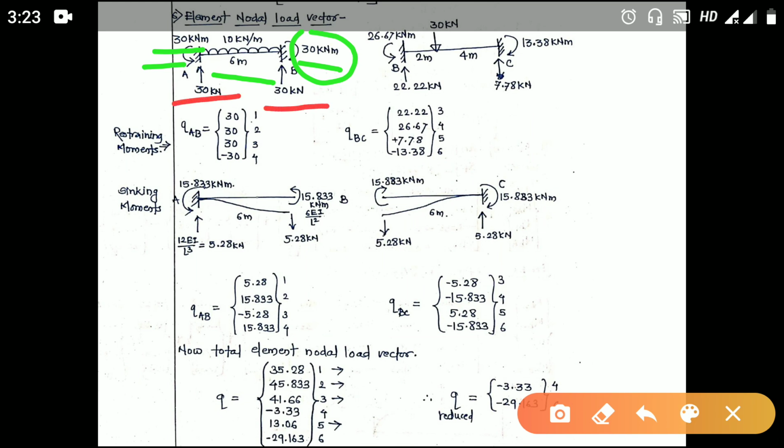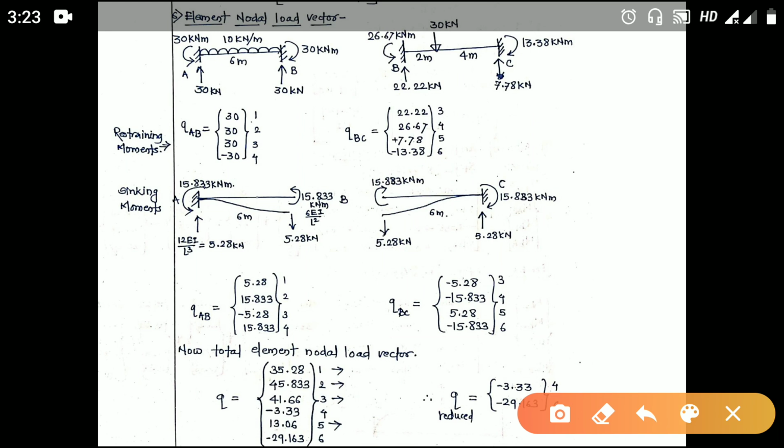After that, calculate the reactions. The reactions are calculated according to the static equilibrium equations, summation Fy equal to 0 and summation of moments at any support equal to 0. That way these reactions are calculated. So this way it is complete for AB. Similarly for BC, show the loading over the beam, that is 30 kN at 2 meter distance from support B in the original problem.